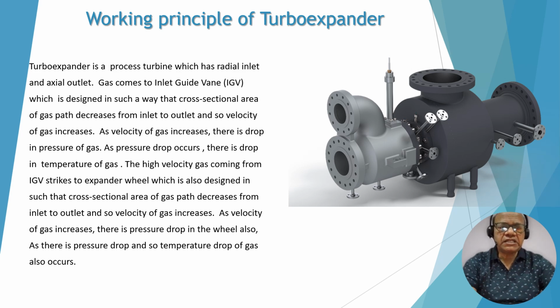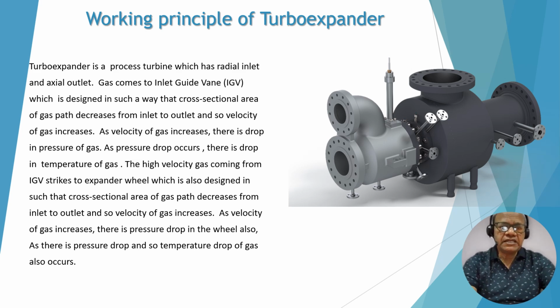The high pressure gas coming out from the IGV strikes the expander wheel and creates impulse action. The expander wheel is also designed in such a way that the cross-section area decreases from inlet to outlet. So the velocity of gas increases.